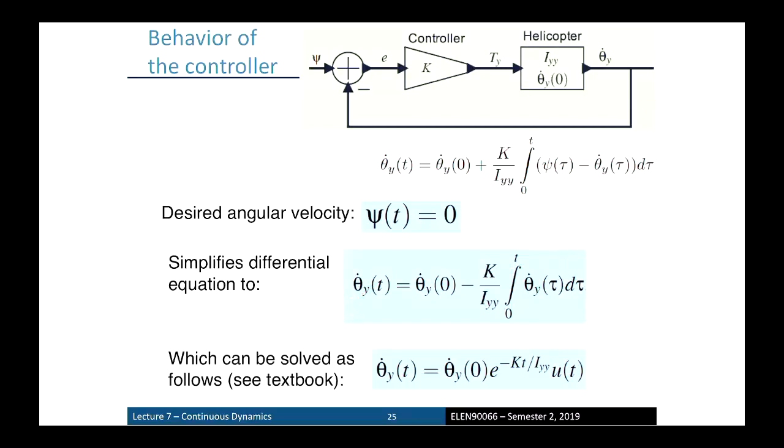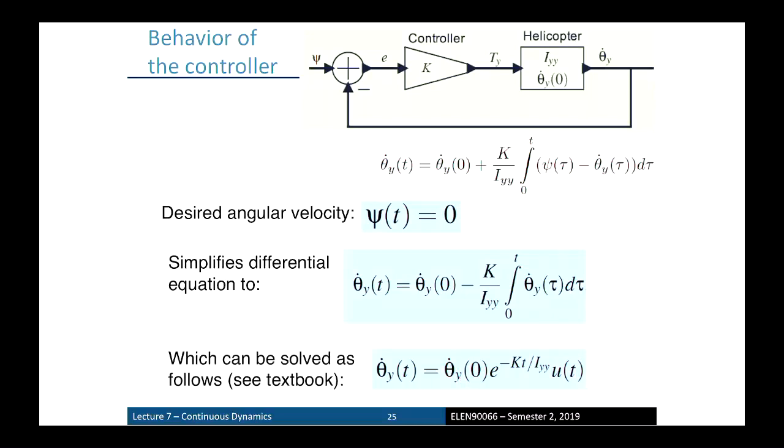Ugh. So if you solve that, I don't care how you solve it, but if you solve it, it comes out as a little equation like this. What is that equation? Well, it's just a little decaying exponential with some constant values times a step function, so t greater than 0, with an initial condition here.